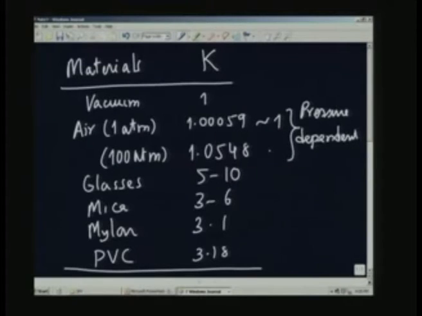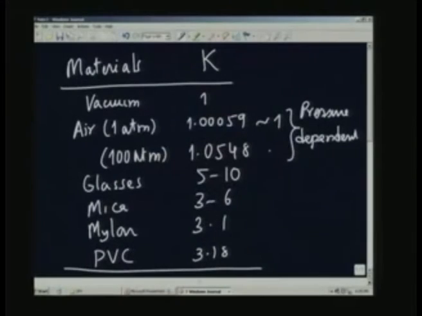Mica 3 to 6. These are all mica capacitances available in the market commercially. When you want to go and buy and use it for your circuit purposes, you can have a mylar capacitance with a mylar or mica or PVC, things like that. The reason why we have this is because they are going to give you different values of the capacitance. For a given size of the capacitor, you can increase the capacitance by having a material like this.